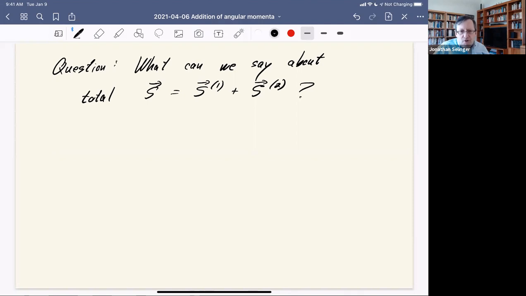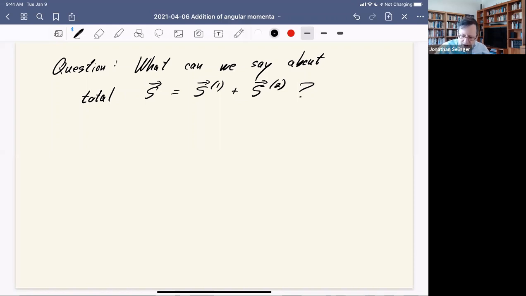For example, when we did raising and lowering operators, it was some combination of the position and momentum operators. And so here we have an operator that's a combination of S1 and S2, and now we want to say something about the eigenvalues and eigenstates of this combined spin.